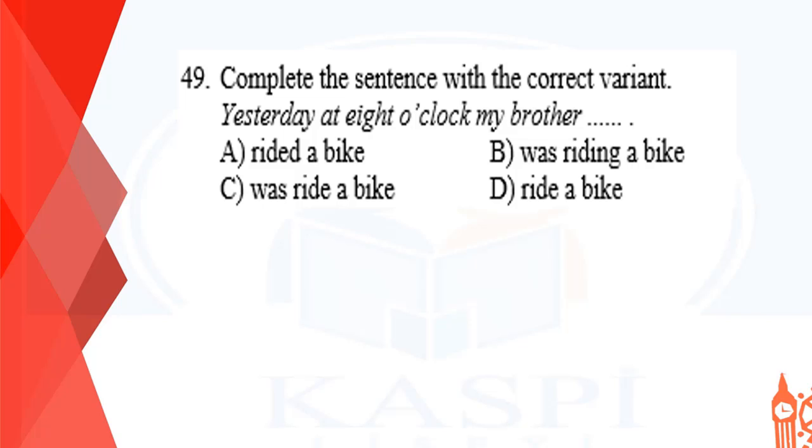D is a wrong variant because we never say was right. We can either say ride, rode, or was riding. D is also a wrong variant because the sentence is in the past. We talked about yesterday. So the correct variant is B.